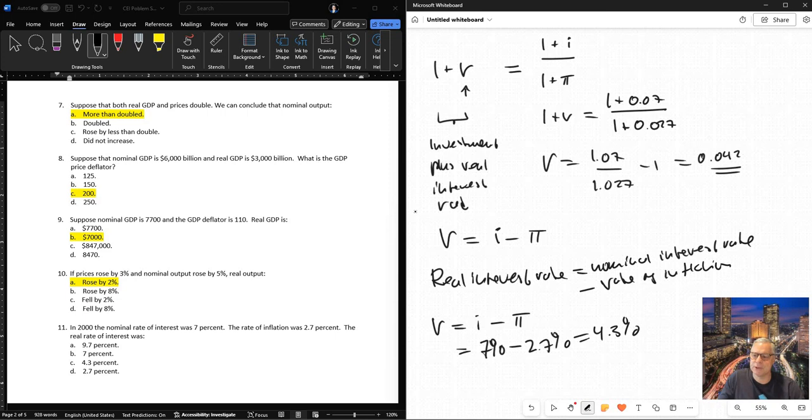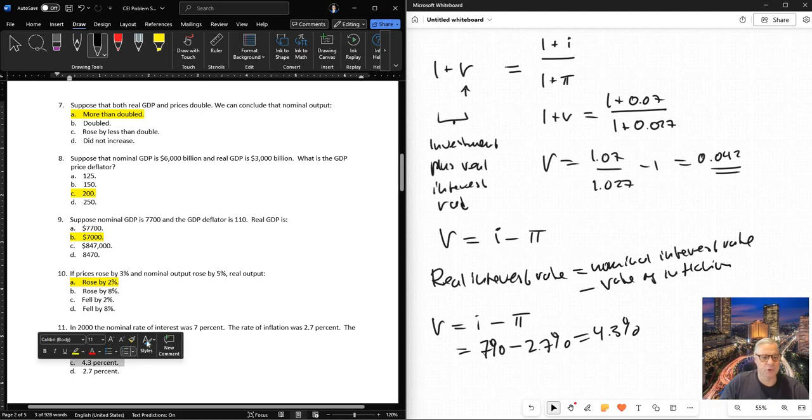That's very similar to what we got when we did it mathematically exact. For small numbers, we can just drop all the ones and subtract from the nominal interest rate the rate of inflation, and then we get the real interest rate. So the answer is 4.3%.